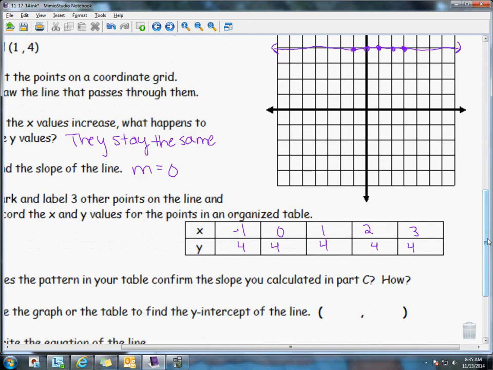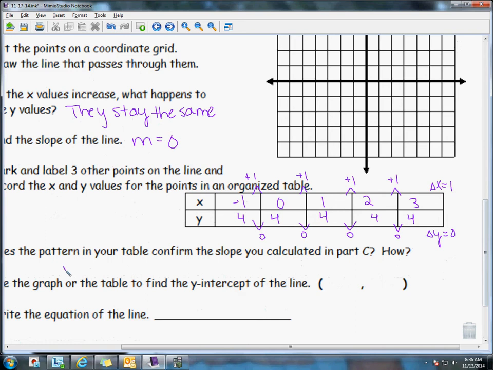So here, when it says, does the pattern in your table confirm the slope you calculated in part C and how, we're still going to do our change in y over change in x. My x's are going up by 1s again. And if you look at your y values, they're not going up at all. There's 0 change between these. So my change in x is 1, and my change in y is 0.